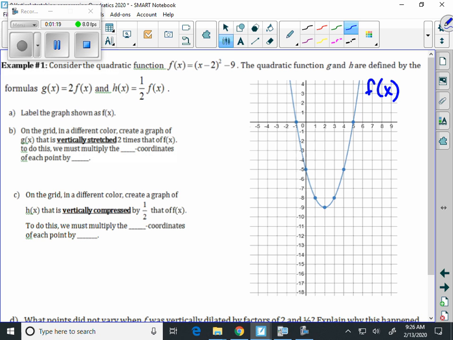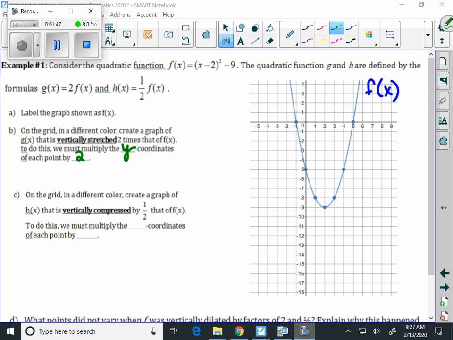In order to make something vertically stretched, what we're going to do is multiply the y values of each point. In this case, because we're vertically stretching by 2 times, it's going to be by 2. Again, we're looking at the y values of these points.